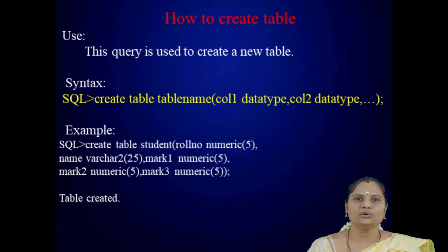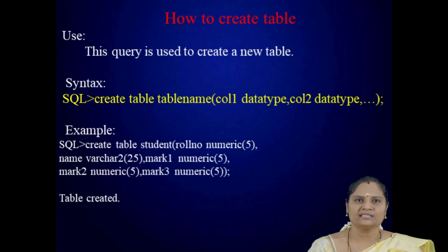Now we want to create a table student with the columns roll number, name, mark 1, mark 2, mark 3. For this we write the query as create table student, name of the table which we want to create, along with the columns roll number.